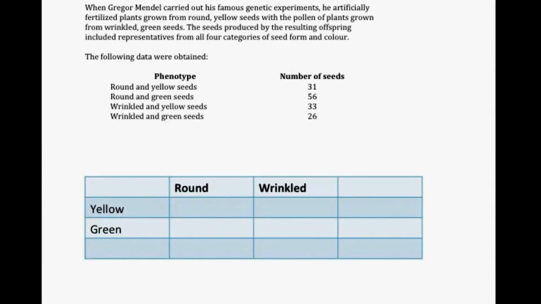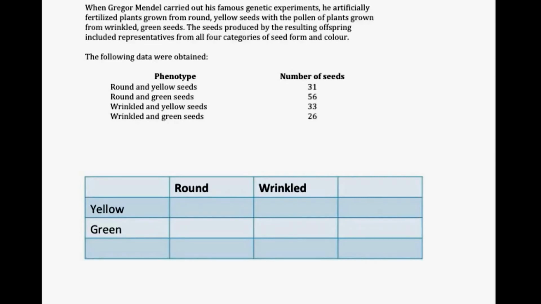Now here's another example. It's about genetics. Obviously Gregor Mendel, the famous geneticist, carried out lots of experiments, usually described as Mendelian genetics. What he did in his little garden in what is now the Czech Republic, he artificially fertilized plants, and I think they were peas in this case.